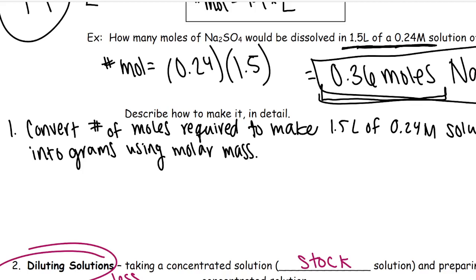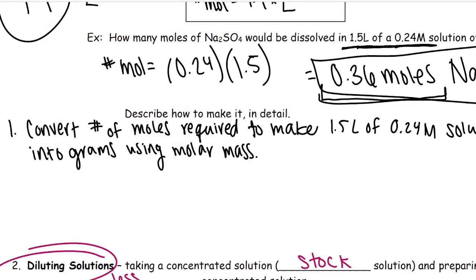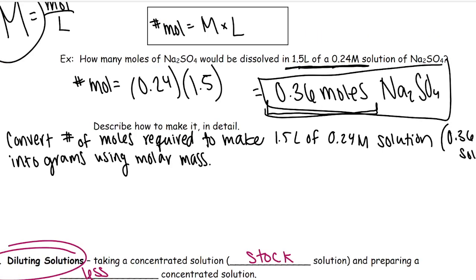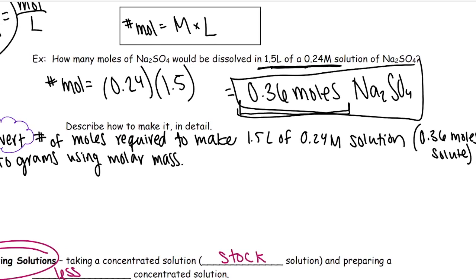So I'm going to make my thing a little skinnier, change colors, just so you can see what that process looks like. If I say convert it, your immediate thought should be that this is going to be a T-chart. So conversions are when you take your given information, in that case my 0.36 moles of my solute, and in this case my solute is sodium sulfate, Na2SO4.